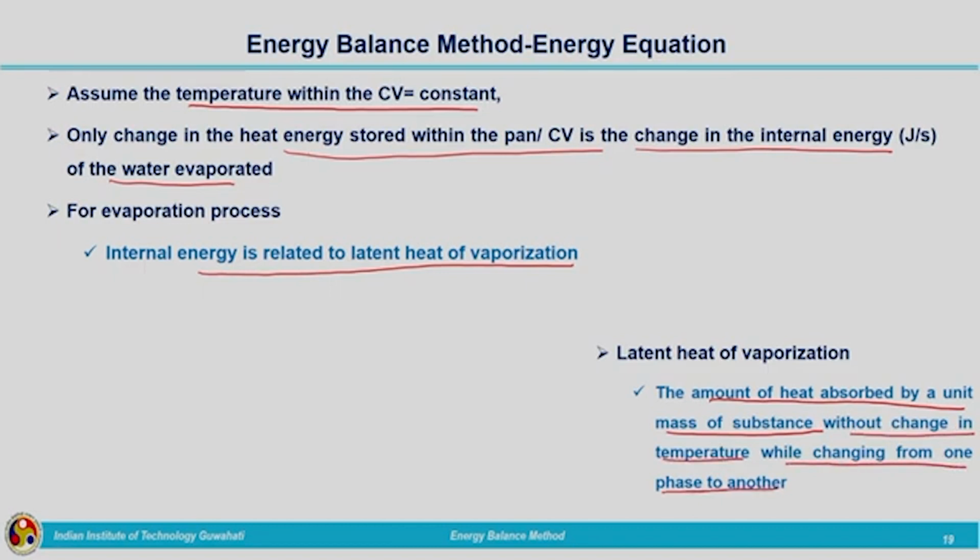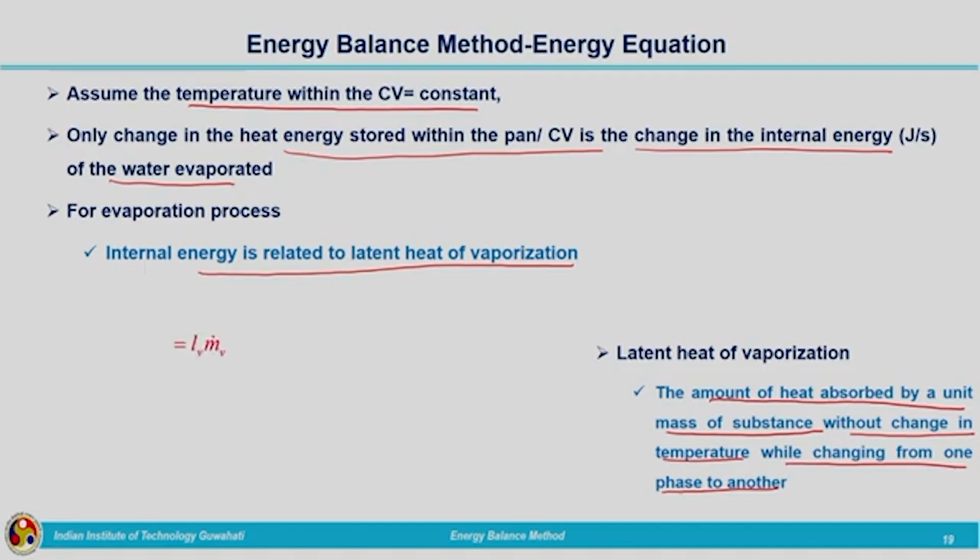So, here during the process of evaporation, the substance, that is the water, is converted from liquid to vapor. So, for that certain energy is utilized, that is the amount of heat absorbed by water per unit mass without change in temperature for changing its phase from one phase to another.